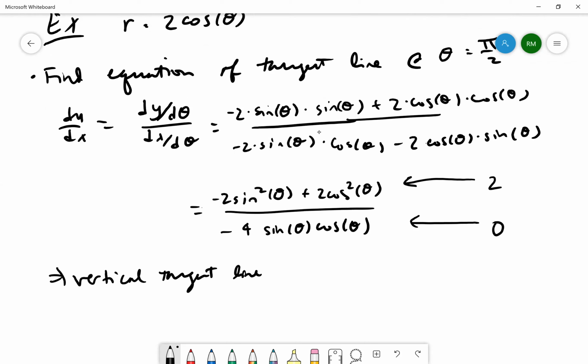When theta is pi over 2, my coordinates are 2 cosine theta, 2 sine theta... which should equal 2 times cosine of pi over 2, comma, 0, so the point is 0, 0.